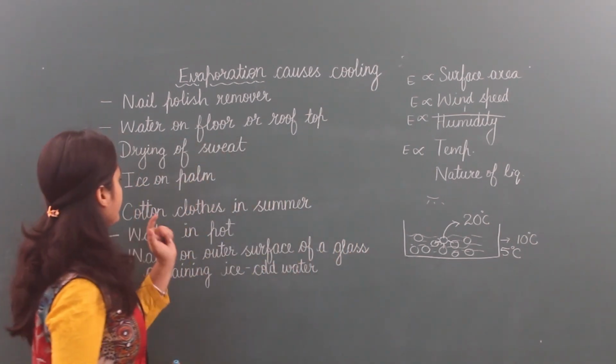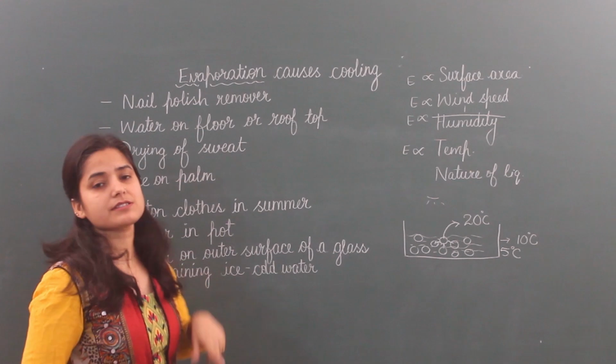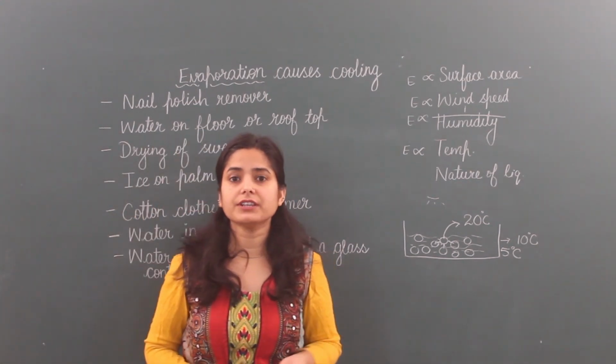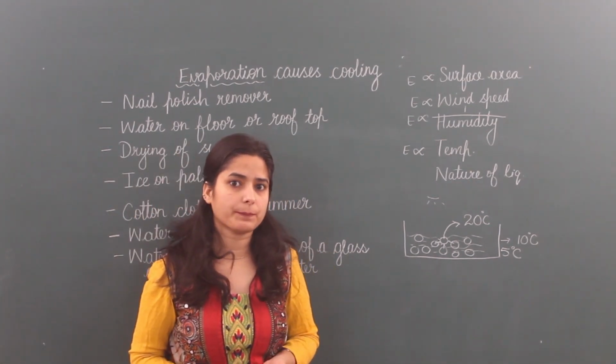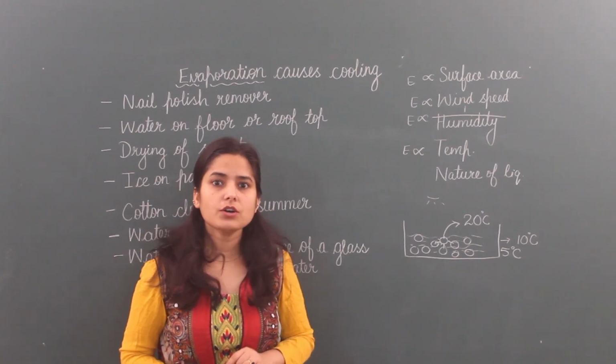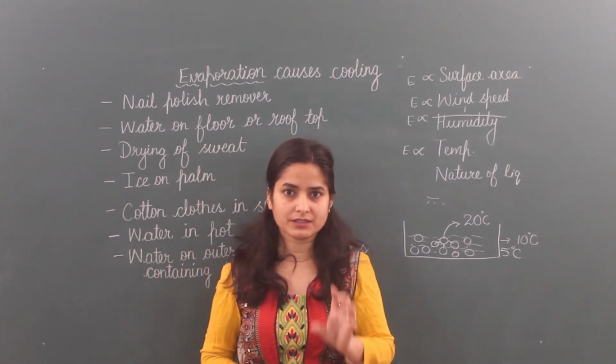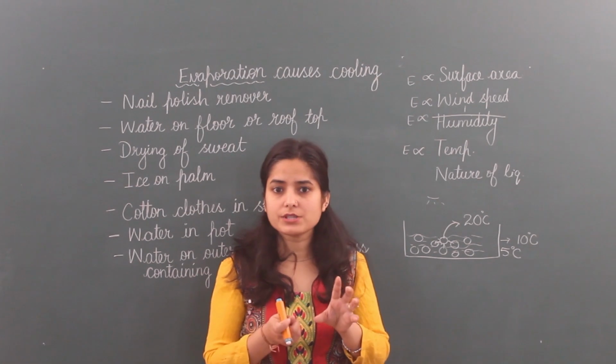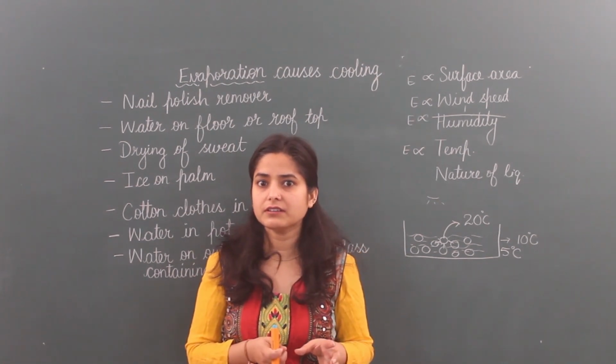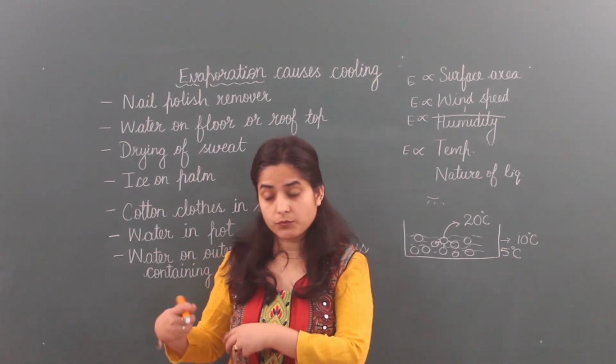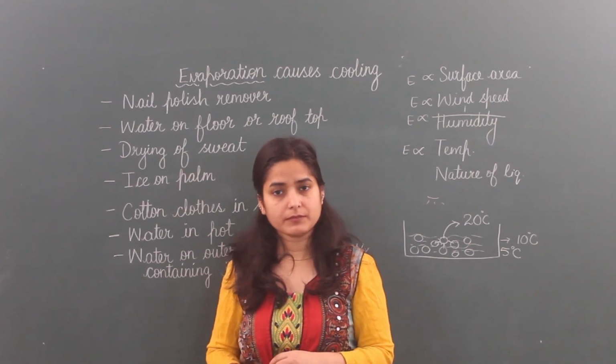Okay. Next, cotton clothes in summer. Why do we wear cotton clothes in summer? Because cotton clothes have pores in them and these pores get filled with water from our body.